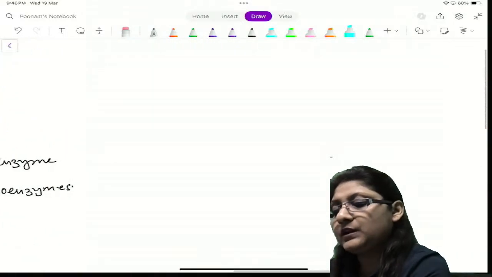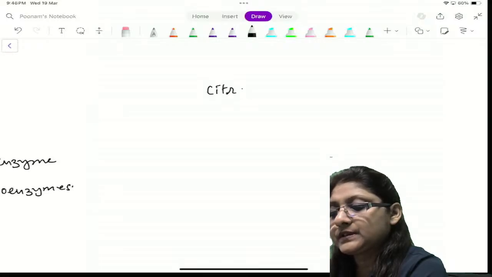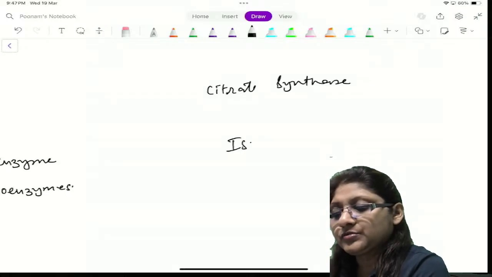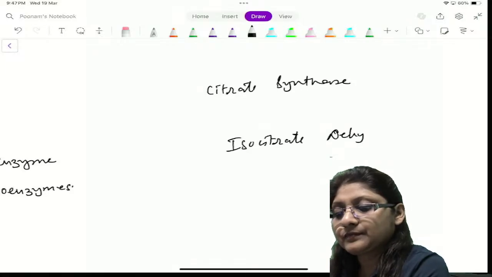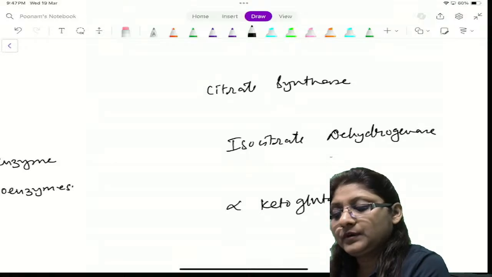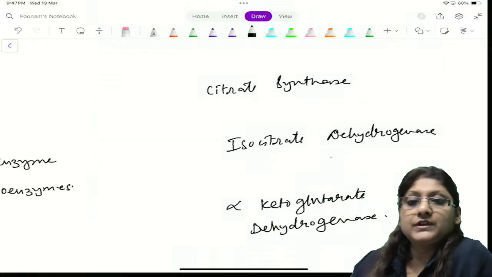So you can make a note that there are three enzymes. One is citrate synthase, another is isocitrate dehydrogenase, and the third one is going to be alpha ketoglutarate dehydrogenase enzyme.